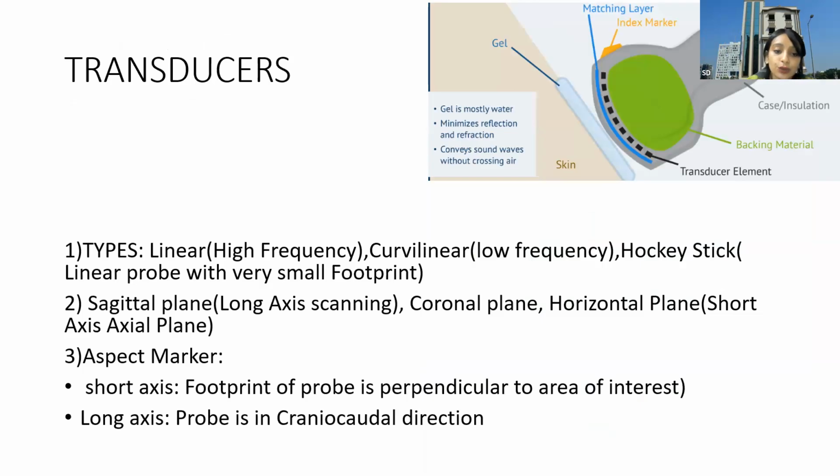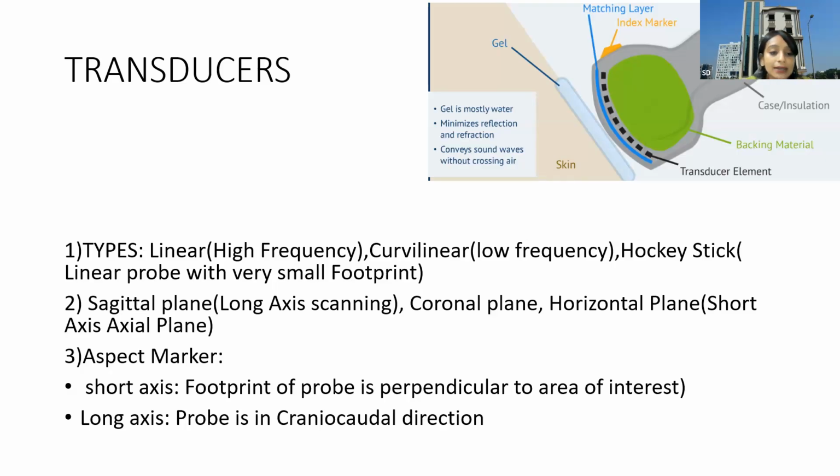When we are doing long axis scanning, the sagittal plane concept comes into view. When we are doing short axis scanning, which is basically placing the probe perpendicular to the structure that we are seeing, then the horizontal plane comes into view. And then the aspect marker. The aspect marker is basically to give you an orientation, as in which side of the screen corresponds to which part of the body, the medial side or the lateral side.